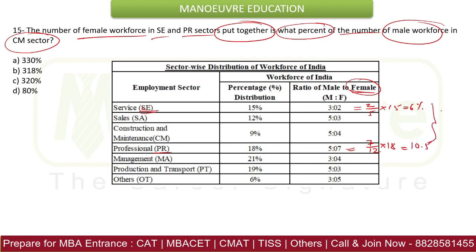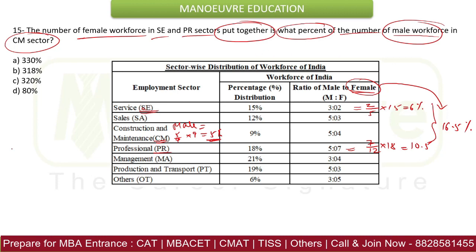So put together this female workforce will be 16.5%. And the number of male workforce in CM sector: in CM sector the male workforce will be 5 by 9 into 9, so that will be 5%.